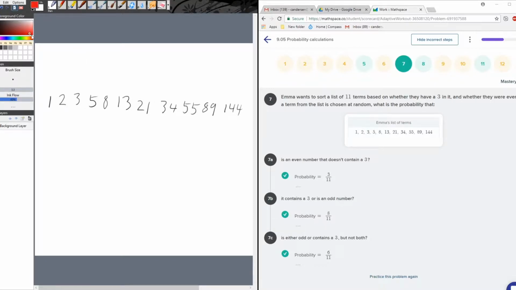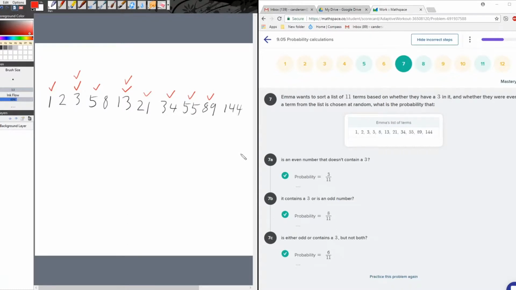So we have an odd number, an odd number and a 3, an odd number, another odd number and a 3, an odd number, a 3, an odd number and an odd number. So you can see we have 1, 2, 3, 4, 5, 6, 7, 8. 8 different numbers out of the 11 that have a 3 or are odd.